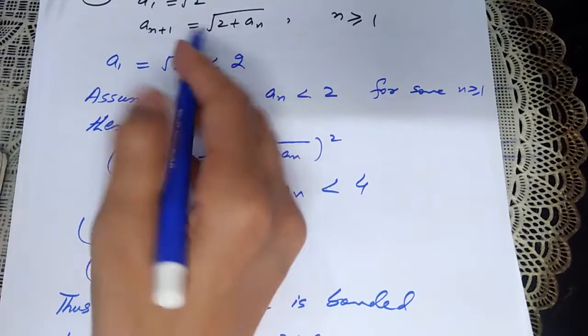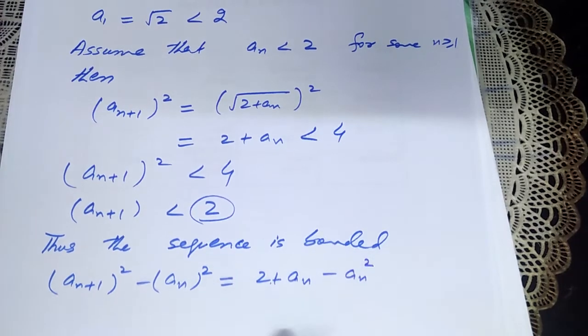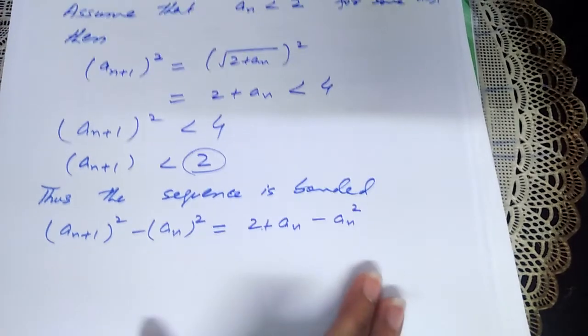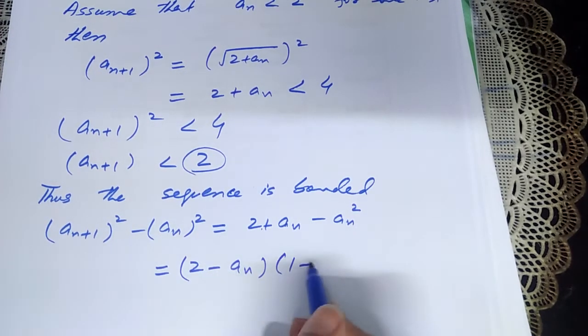If I take the square of this a(n+1) term, I will get 2 plus an, and here I have an square. If I just factorize it, I will get here 2 minus an into 1 plus an.